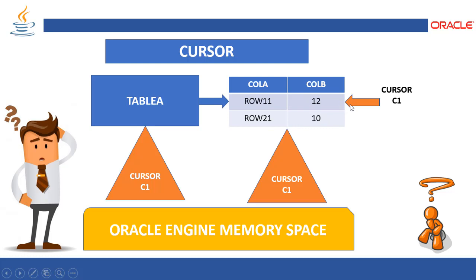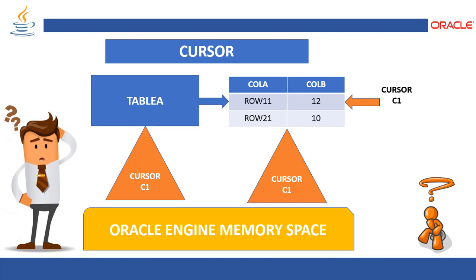Now, the cursor is a kind of pointer which is internally maintained by Oracle. A cursor is a pointer to this context area. SQL controls the context area through a cursor. The cursor holds the rows returned by the SQL statement, and the set of rows the cursor holds is referred to as the active set or active data set.